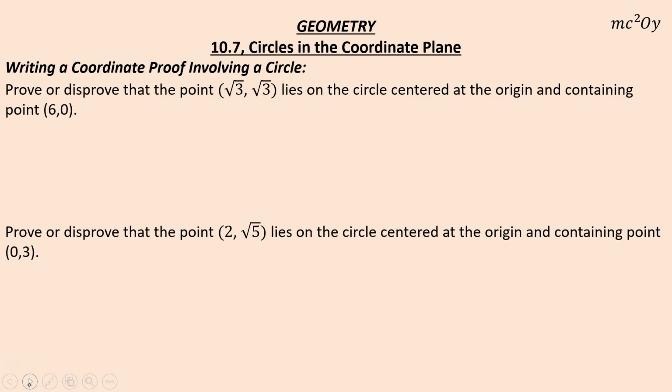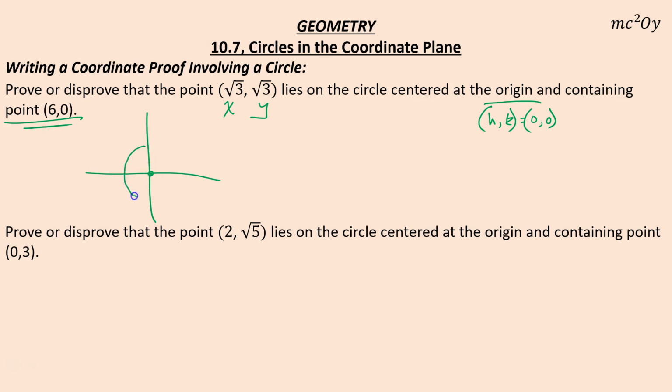Prove or disprove that this (x, y) value, (√3, √3), lies on the circle centered at the origin. That means (h, k) would equal (0, 0), containing (0, 6). So if I were to graph this, I'd have a circle that centers right there, and it goes through the point (0, 6). Which means, since that's a vertical distance, the radius equals 6.